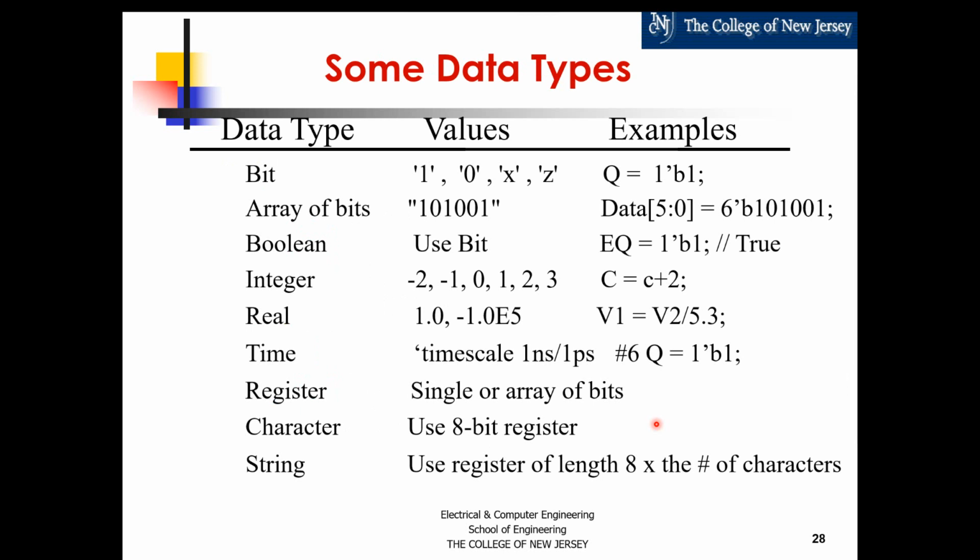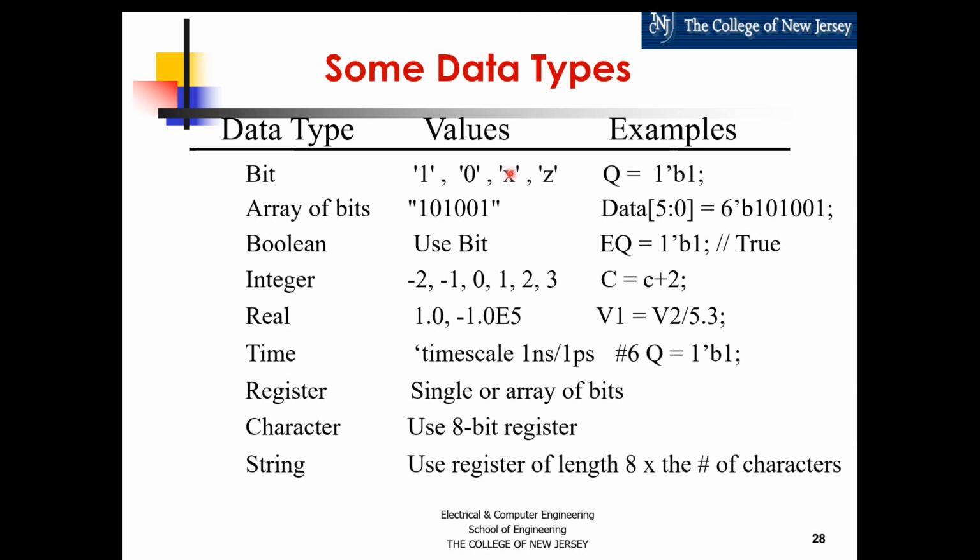Now, how do we break this a little bit more into something that we can use? What if we wanted to represent a bit? Well, there we have 1, 0. We already talked about Z, that's a high impedance, and then we have X. X is an unknown.